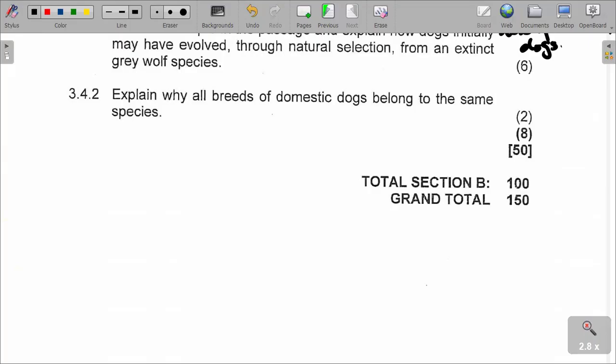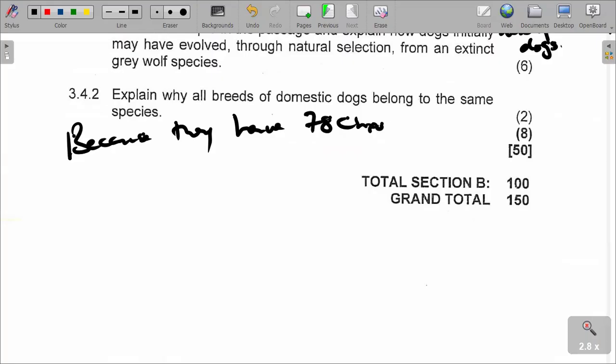The reason is because they have got 78 chromosomes, which is quoted in our essay here.